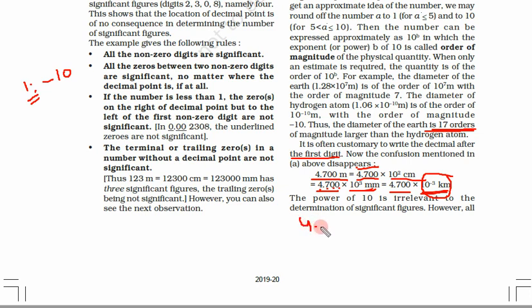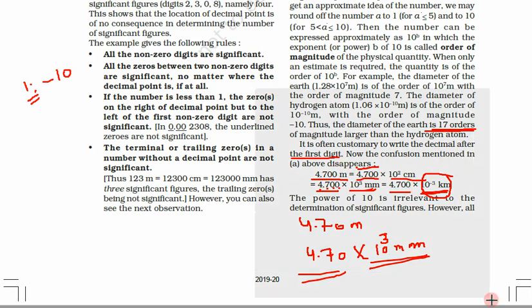Suppose we have measured only up to this place, 4.70 meter. Now we have to write it in millimeter. How will we write? We write 4.70 into 10 to power 3 millimeter. In this notation we can exactly say that the precision is only up to 2 digits after the decimal, and this term is only for the conversion from meter to millimeter.